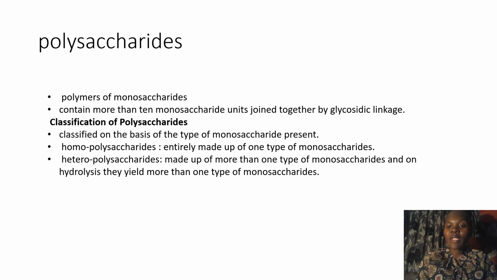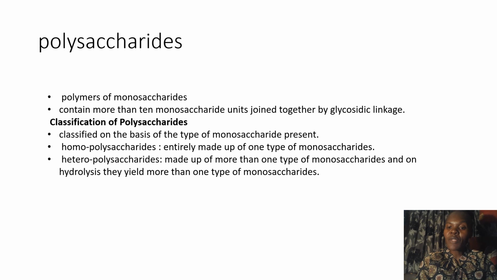They contain 10 or more monosaccharide units, and they have to be joined by a glycosidic bond. Remember, I mentioned the glycosidic bond when I was talking about the disaccharides. When a glycosidic bond forms, a water molecule is always released. So a glycosidic bond is still involved because we're talking about carbohydrates, but now it is a polymer of those monosaccharide units which form the polysaccharides.